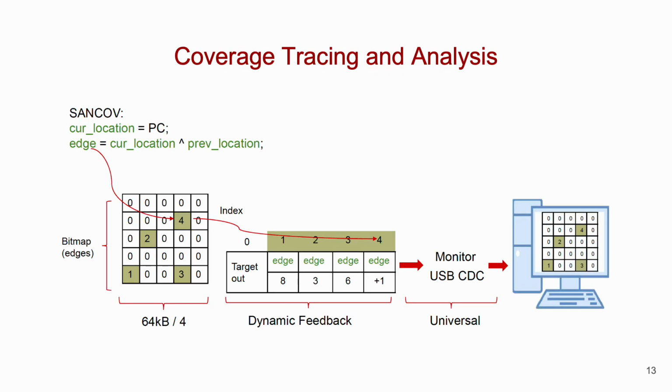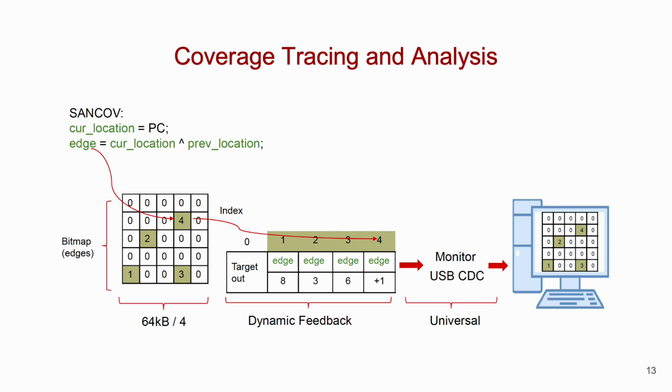For coverage tracing, SHiFT uses the sanitizer coverage or SANCOV hooks provided by the GCC compiler. GCC automatically adds hooks at the end of each basic block and provides the program counter address of the basic block that was hit. SHiFT runtime leverages these hooks to calculate the edge coverage and stores the results in AFL-style bitmaps.